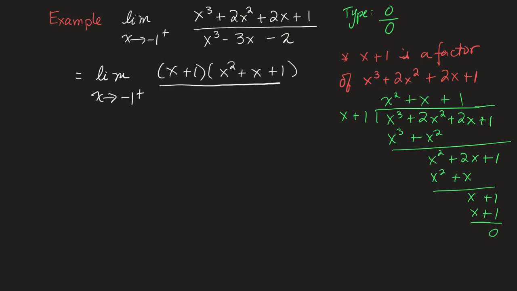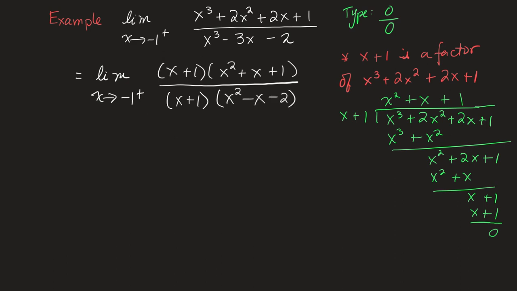Now, because the denominator also evaluates to 0 at -1, x plus 1 is also a factor of the denominator. I can do the same thing with long division or synthetic division, and I'll let you work that out. You can get that the denominator factors as x plus 1 times x squared minus x minus 2.